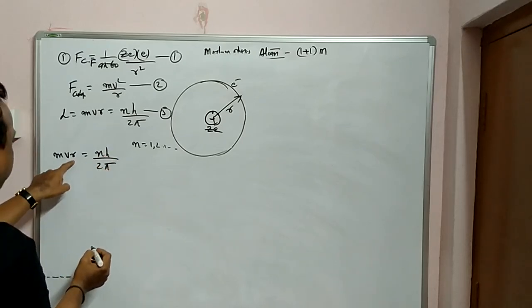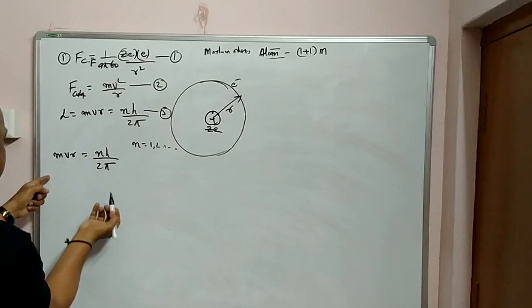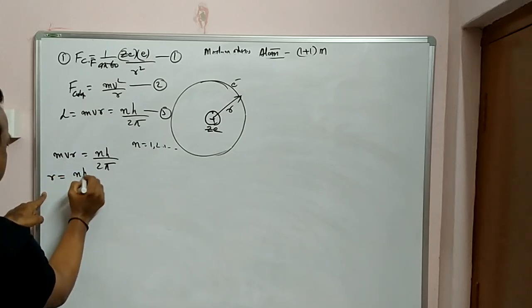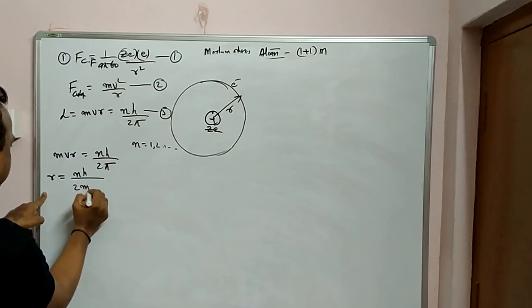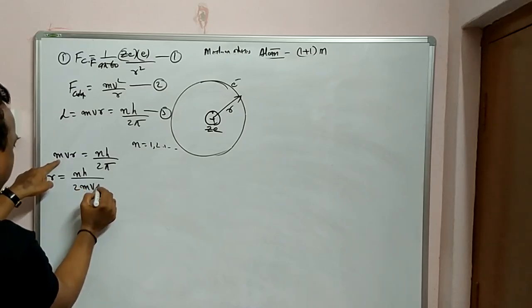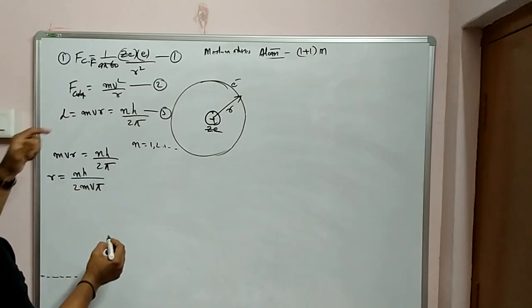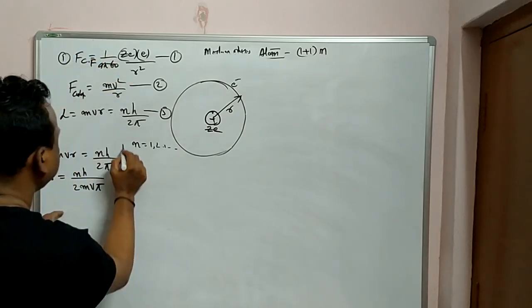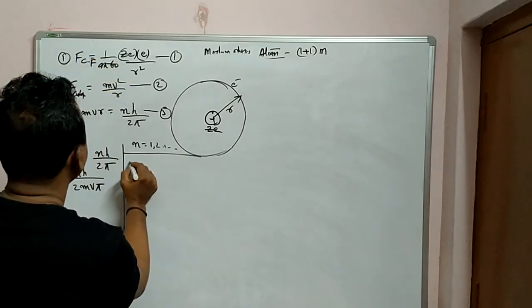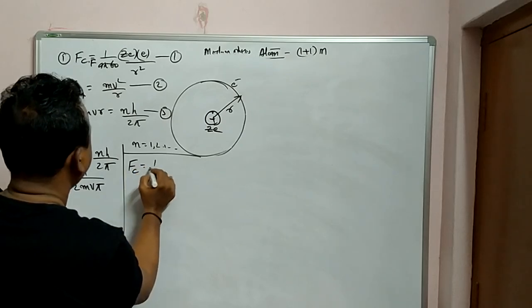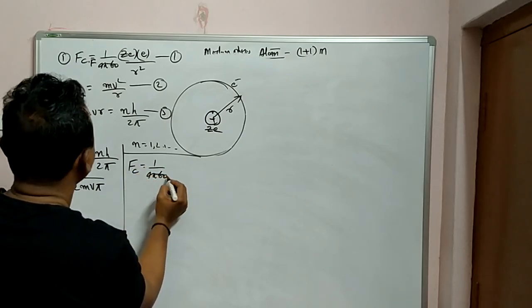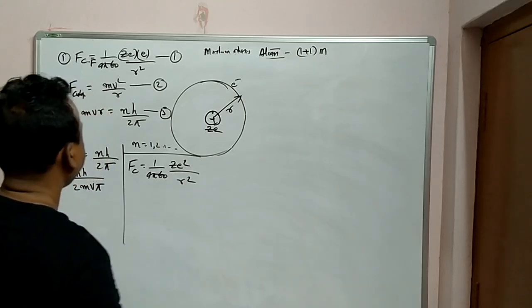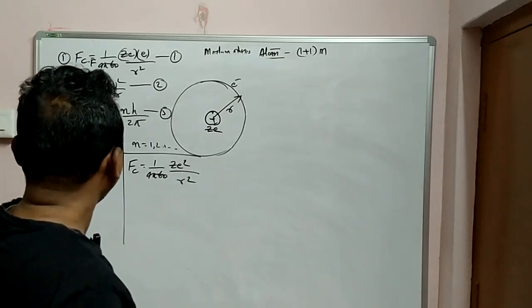From this you can get V or R. Because if you want R, you can get R is equal to nh by 2 pi mv. And already you have Coulomb's force. What is Coulomb's force? 1 by 4 pi epsilon naught into Ze square by R square. Are you following here?